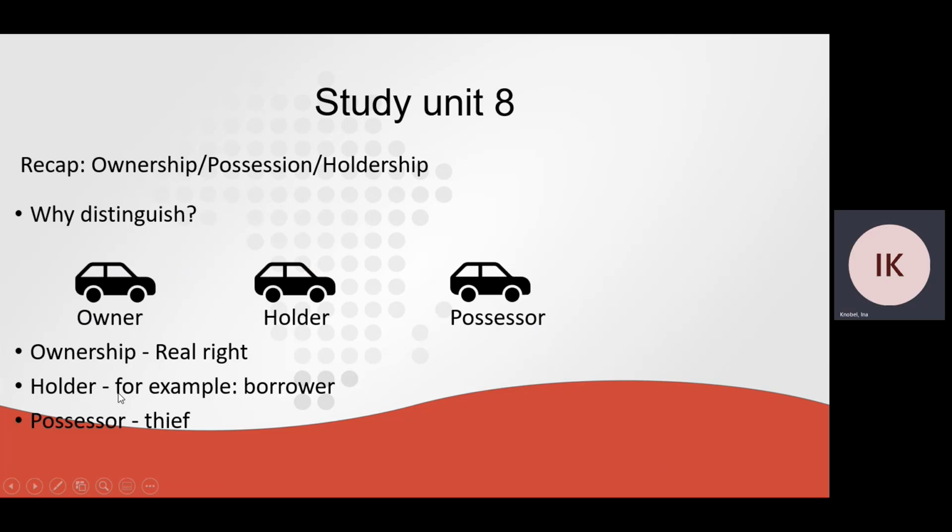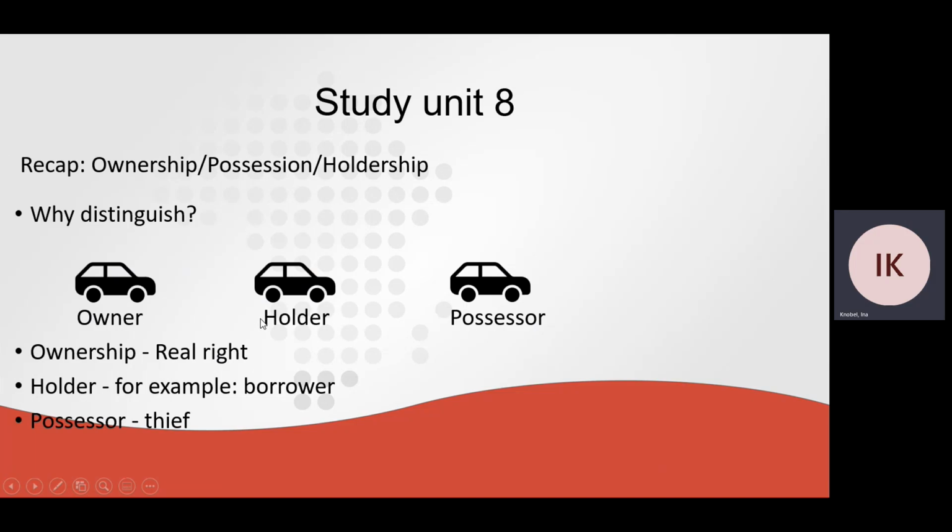Then if we talk about a holder, for me, the easiest way to understand the distinction is to immediately refer to examples. And here the easy example is to say that a holder is somebody who borrows something, for example, a car. So if I am driving around in a car that doesn't belong to me, but it's my friend's car, I can be classified as a holder.